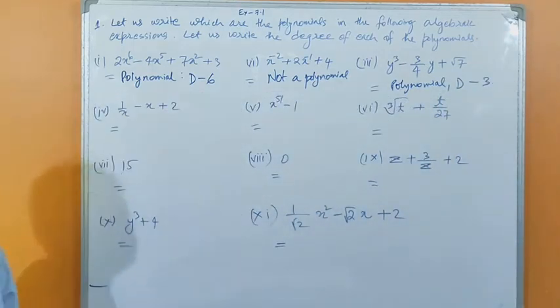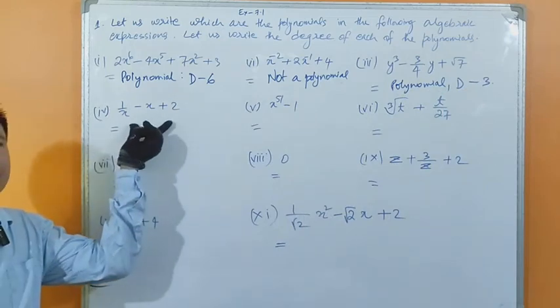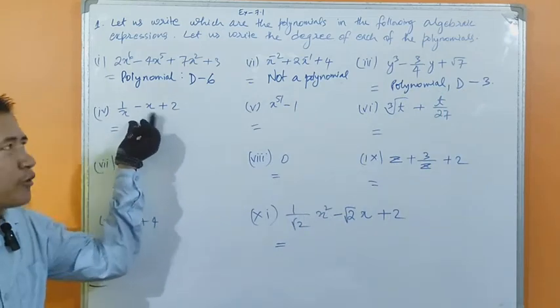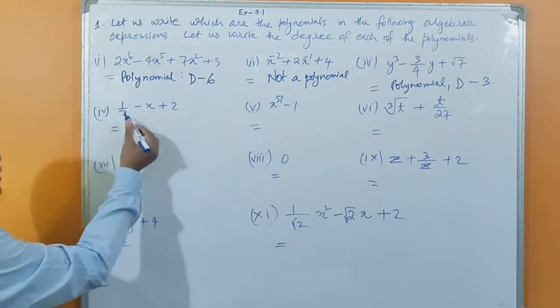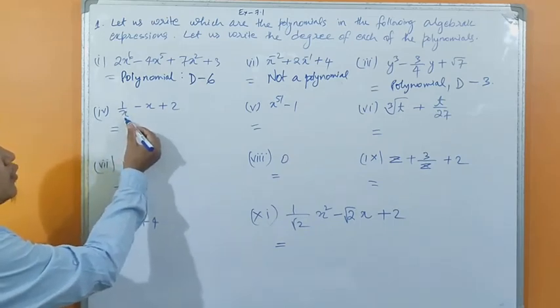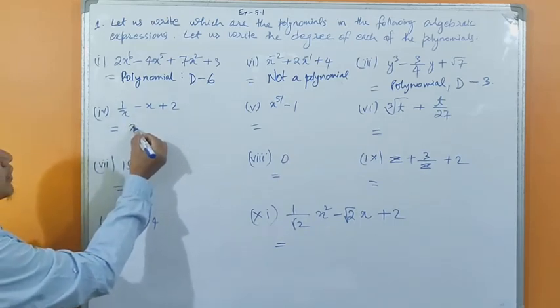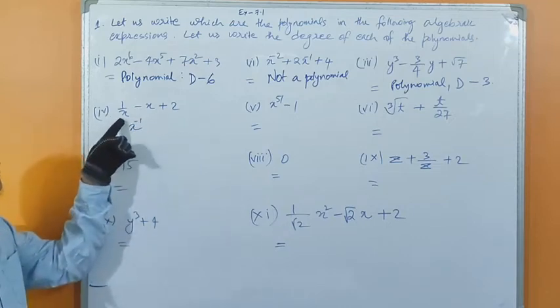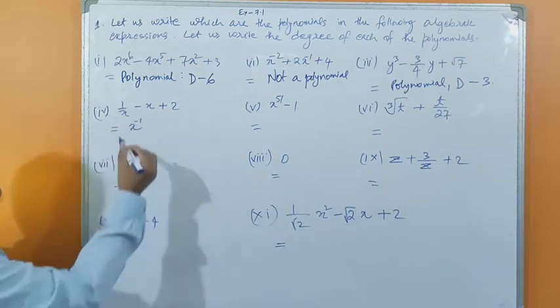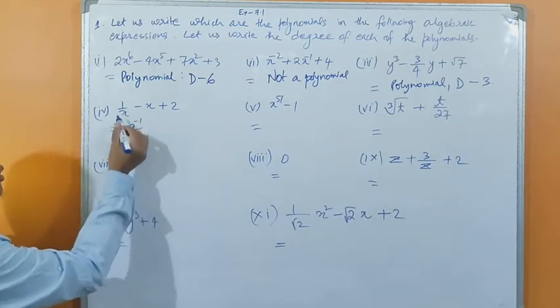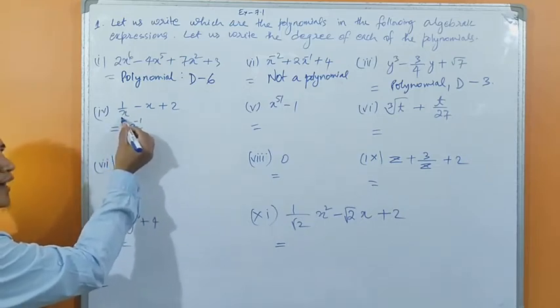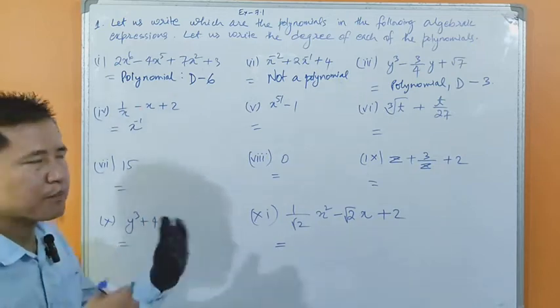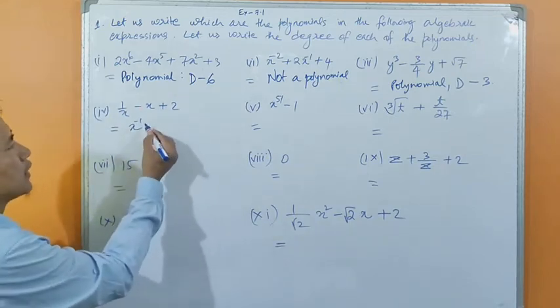Now let us come to this question. Let us see this expression, whether this is a polynomial or not. Now, this x is in the denominator. When you bring it to the numerator, this becomes x to the power minus 1, isn't it? The power of x here is plus 1 in the denominator. So when you bring this x to the numerator, the sign of the power changes and it becomes minus 1.